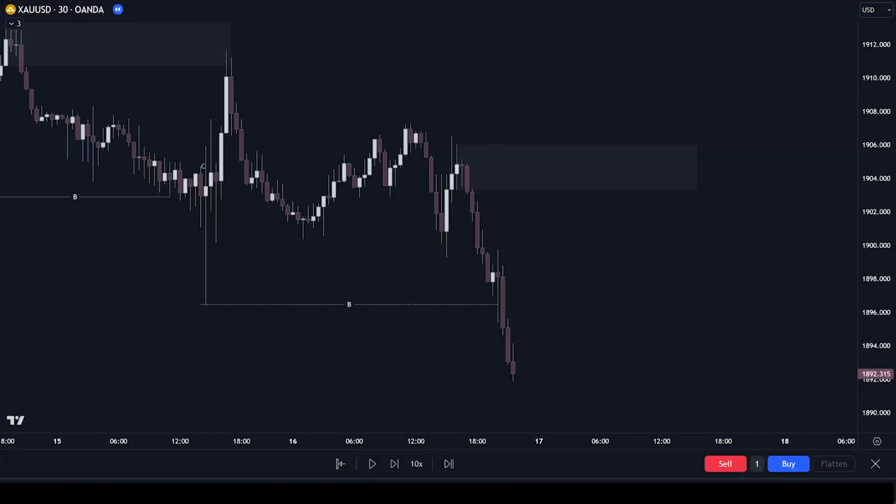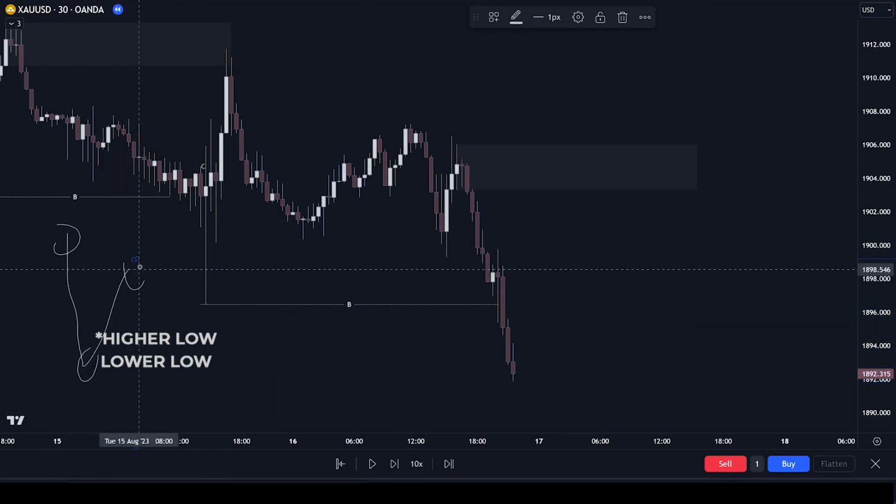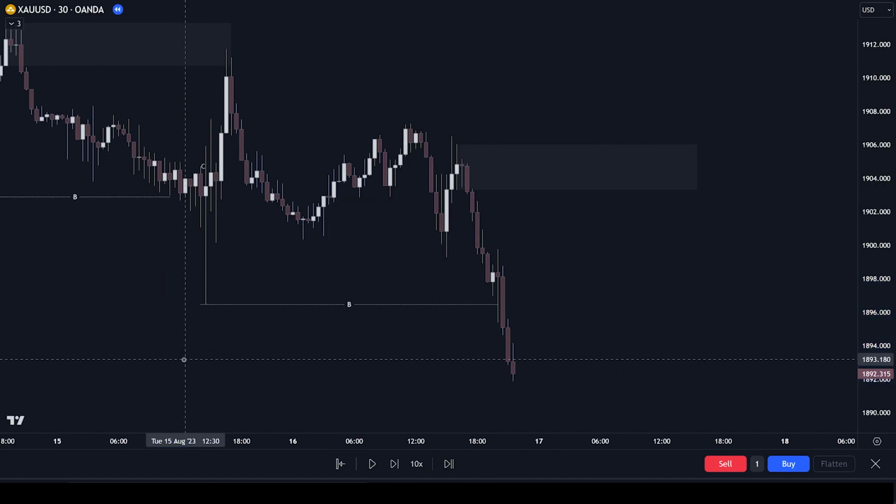So for the first example of the standard order block, as we can see here on this market we are bearish, so price is making higher high, higher low, higher high, higher low. The goal here will be to find an order block. As we said previously, the order block is the candle before the impulsive move.